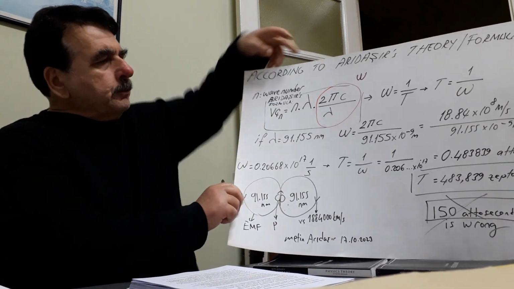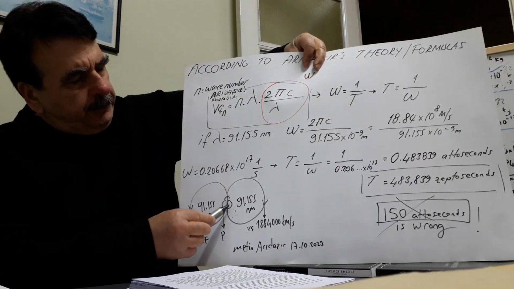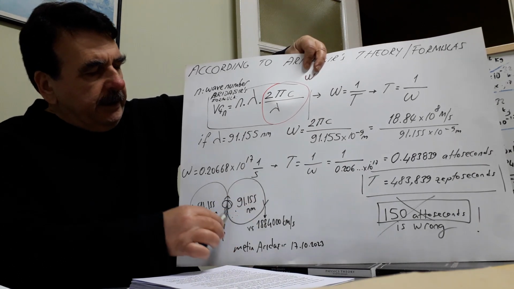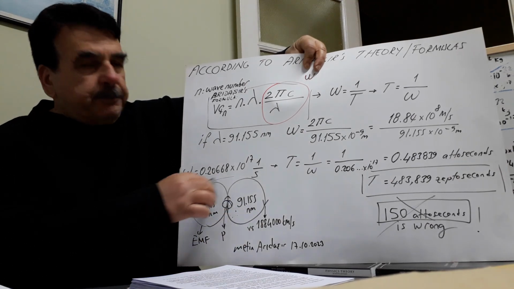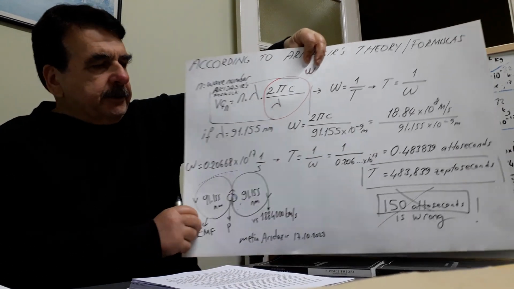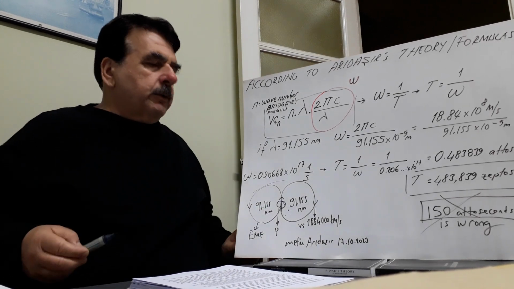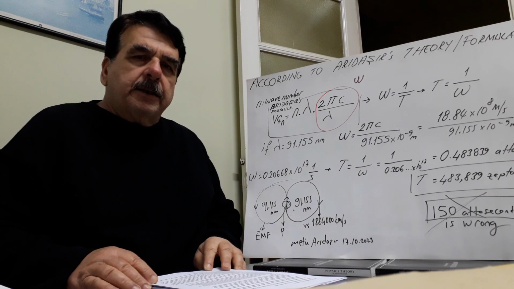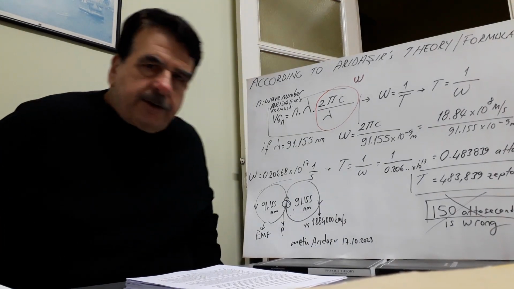This is proton. Okay? This is electron motion form. This is hydrogen atom's boundary, ring-shaped electron motion form with 91.155 nanometer wavelength is boundary of hydrogen atom.